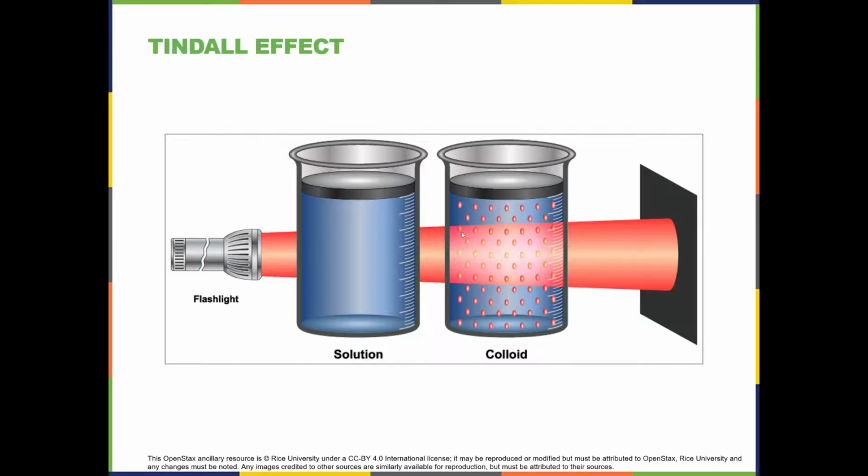How do you know that? Because the light is bouncing off the particles in the colloid, which is how you know there are particles there. Those particles deflect the light and you can see that light, which is why you would see the flashlight beam flow through it.